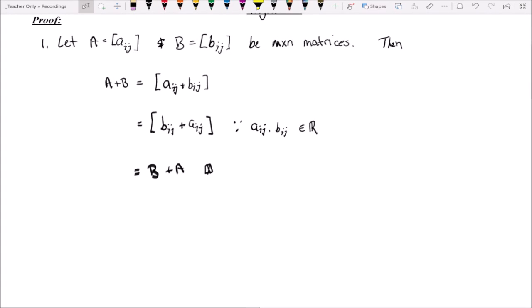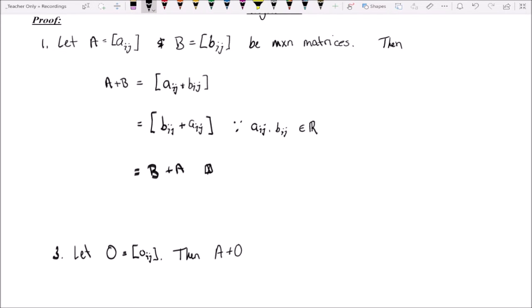Now proving the third property. I'm going to say let O be represented as Oij.